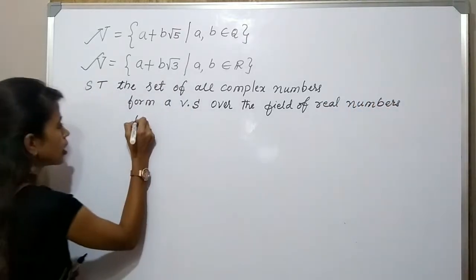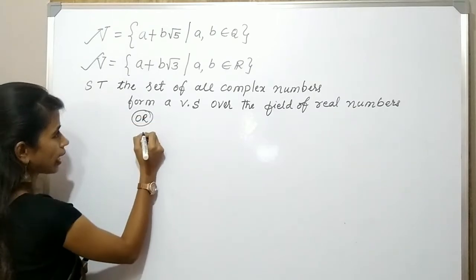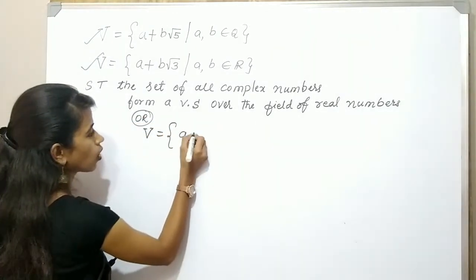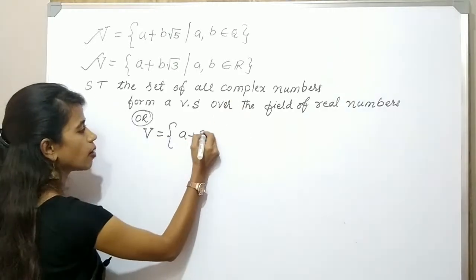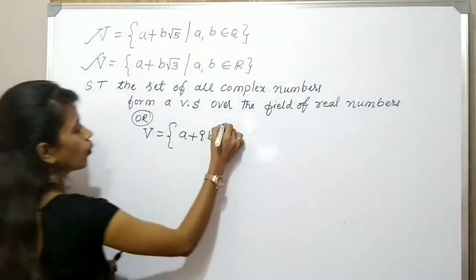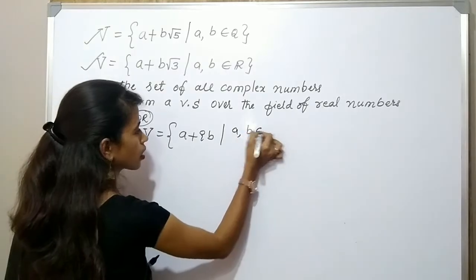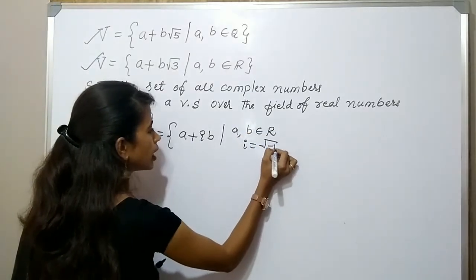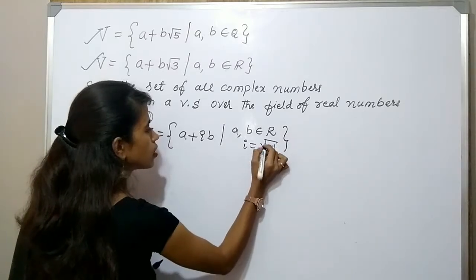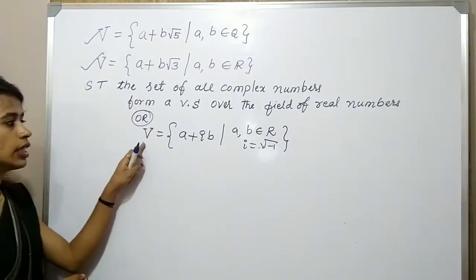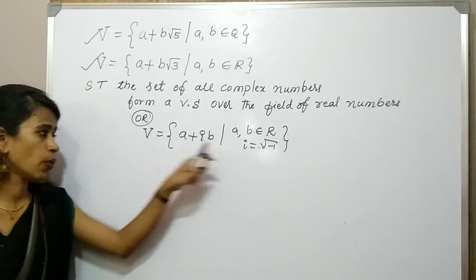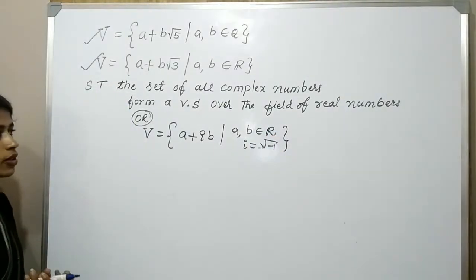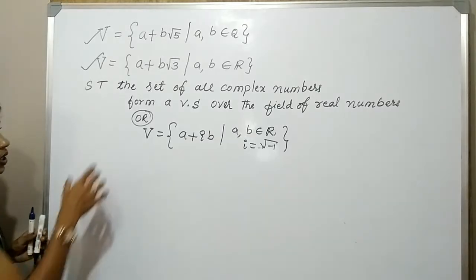Or the question is also given like this: V is equal to the set of all complex numbers, the numbers which are in the form of a plus ib, where a, b belong to R and i is equal to square root of minus 1. Show that this set forms a vector space over the field of reals. Here R is the set of real numbers, which is a field. So this is the question.